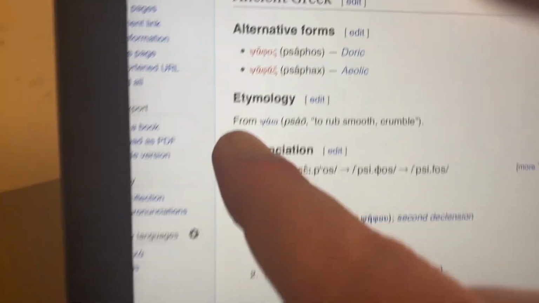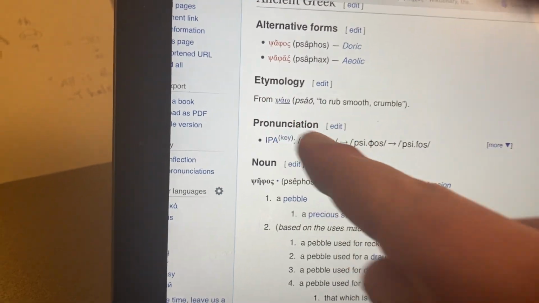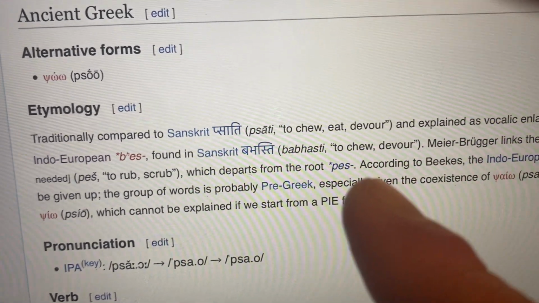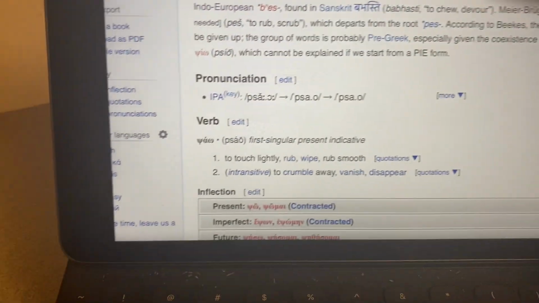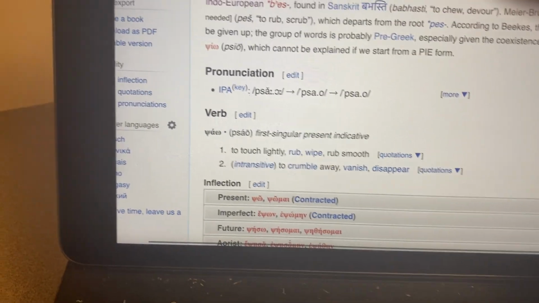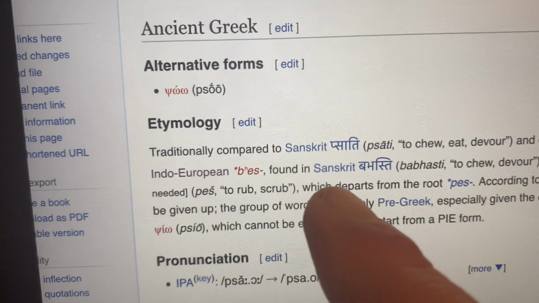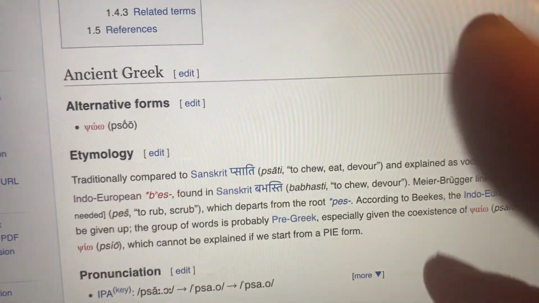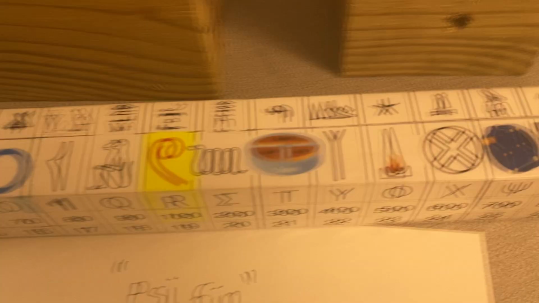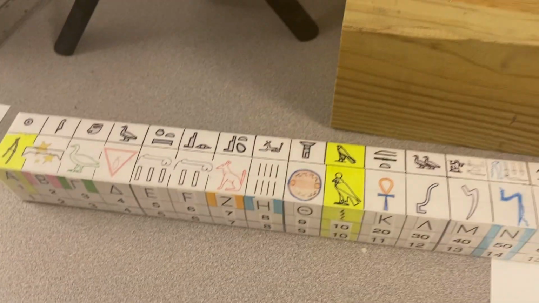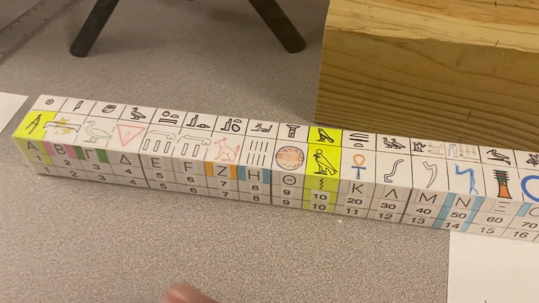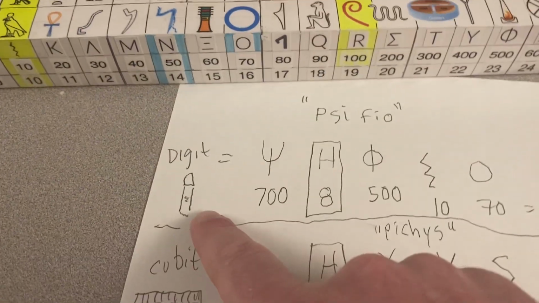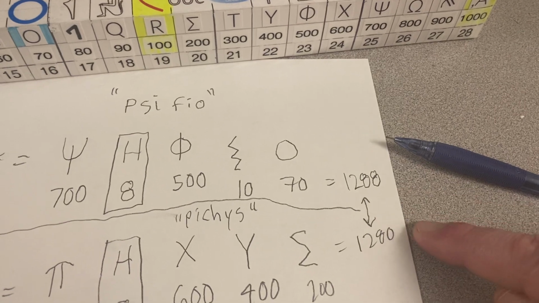The Wiktionary tries to connect it to this, and then it tries to connect it backwards to Proto-Indo-European bes, meaning to chew. So this is a garbage etymology. Cubit really doesn't have anything, or it has to do with food, but the connection with cubit goes back to digit through the isonym of 1288.